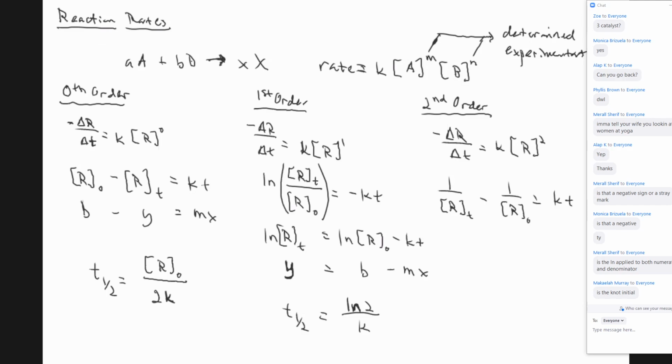This is your y, this is your b, this is your mx. I'm just breaking it down into the linearization, right? You did this when you did your Lineweaver-Burk from your Michaelis-Menten reactions. You linearize zero order, first order, second order, right?